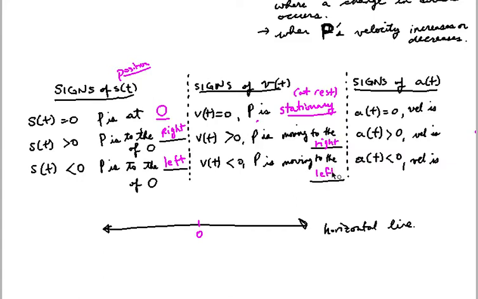Okay, so now let's think about this very carefully. If P is moving to the left, that means it's moving backwards. So whichever way is positive, if let's say P was moving this way, suddenly the velocity goes to a negative number, it stops and it starts moving back.